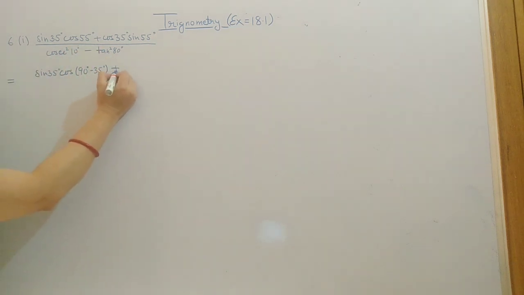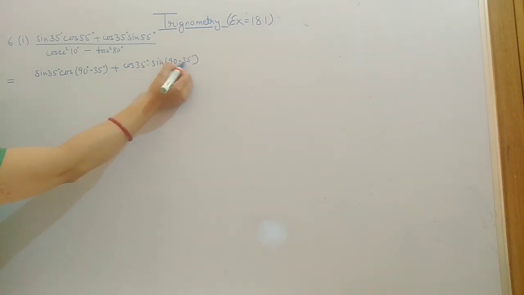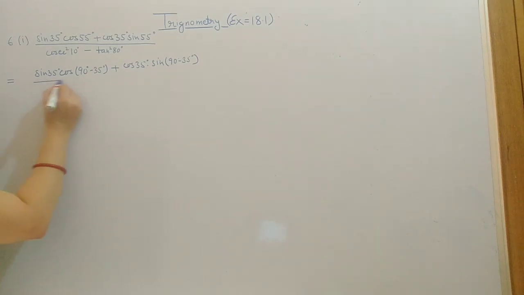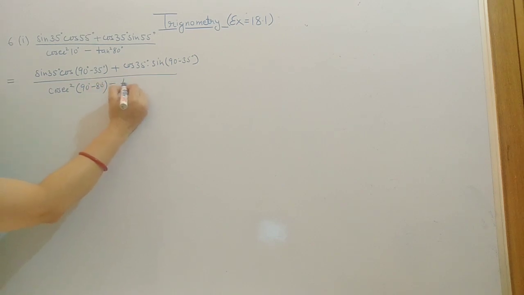Then second step, cos 35 and sin (90 minus 35) we can write, divided by cosec square (90 minus 80), 10 we can write as 90 minus 80, minus tan square 80.